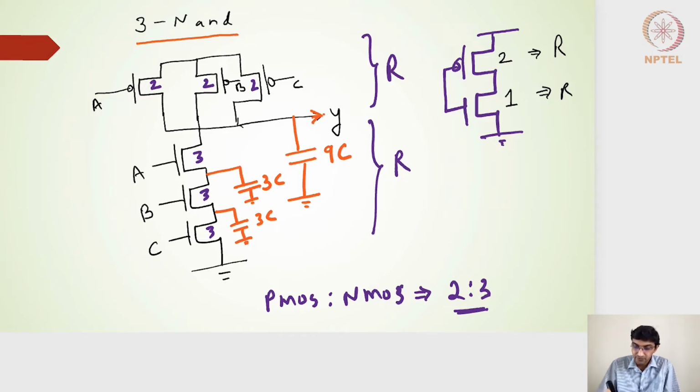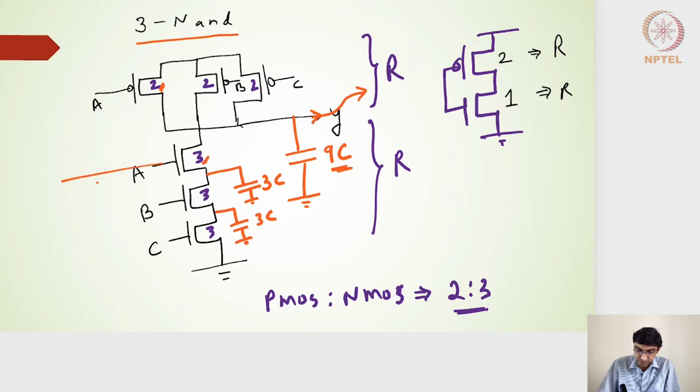When I connect this to the next stage, the input capacitance of the next stage is considered a load capacitance for the first stage. So the load capacitance for the first stage is its own parasitic capacitance of 9C plus the input capacitance coming from the next stage. If the second stage is a similar three input NAND gate, its input capacitance will be 3 plus 2.